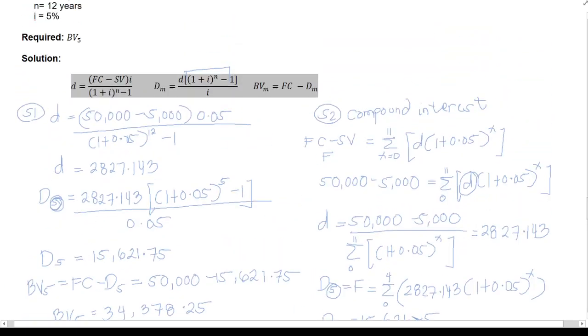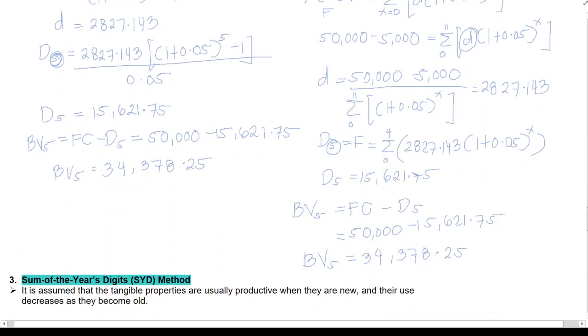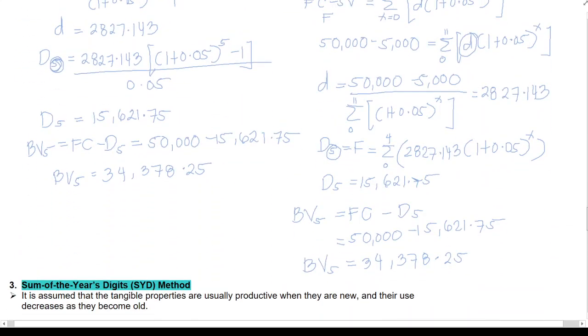So that is the requirement, that is the price that should be, so that he will not lose or gain financially in the transaction. So that is the book value at the fifth year.